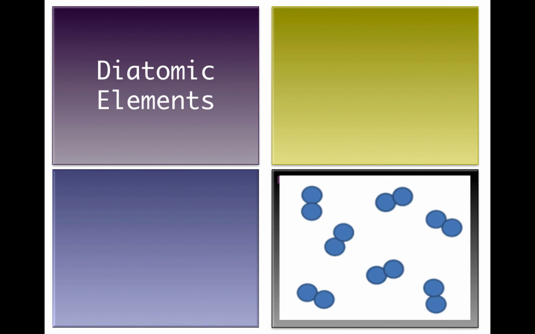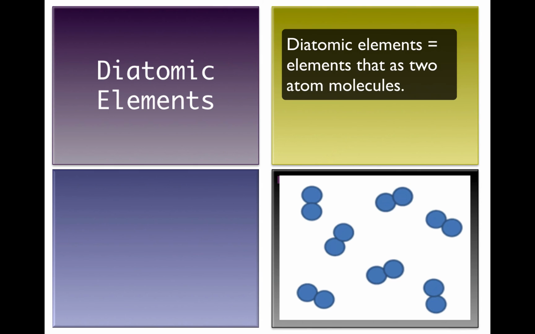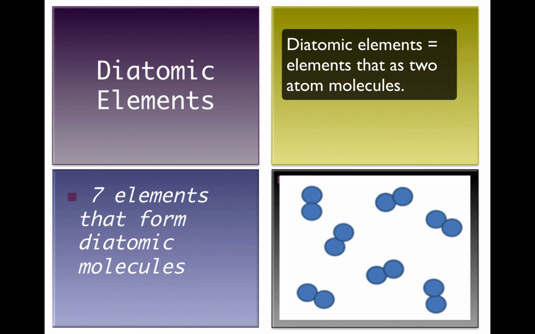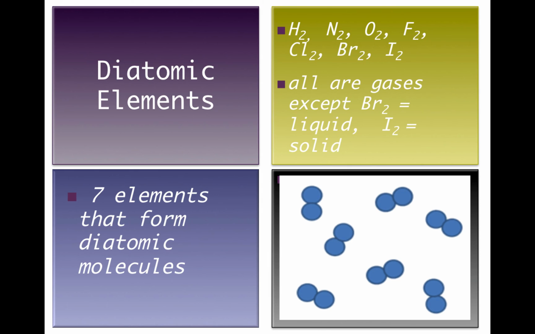Now, there's such a thing as diatomic elements. There are 7 elements that form diatomic molecules. They are hydrogen, nitrogen, oxygen, fluorine, chlorine, bromine, and iodine.